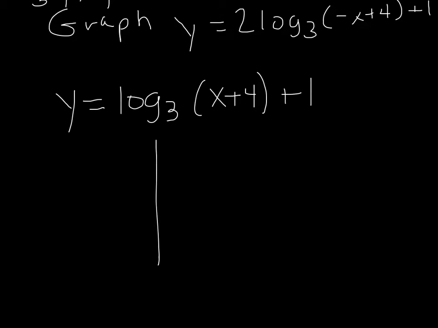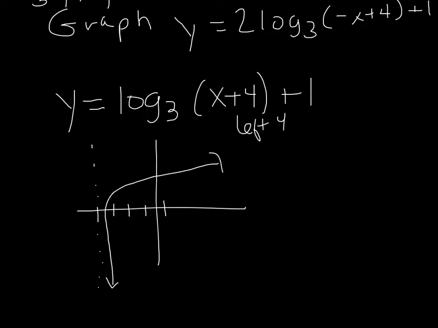And that graph still has an asymptote at 0, but now instead of having the point 1, 1, it has the point, let's see, left 4. So 1, 2, 3, 4. We have an asymptote here. So I lied, it doesn't have the asymptote at 0, it has it at -4 because I just went left 4 with this transformation. And then the graph comes up and curves like that. Not perfect, but you got the idea.